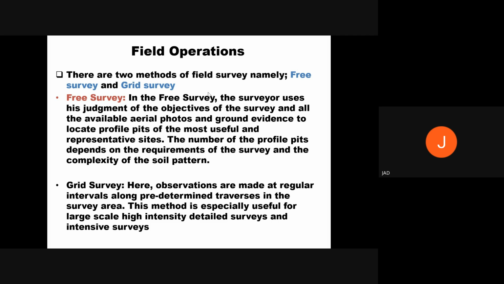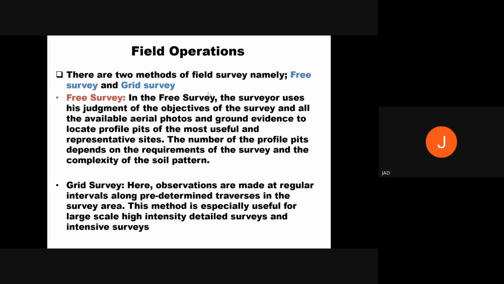Here, observations are made at regular intervals along predetermined traverses in the survey area. The method is specifically useful for large-scale, high-intensity detail surveys and intensive surveys.